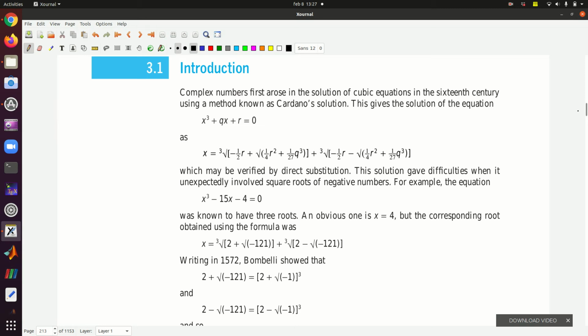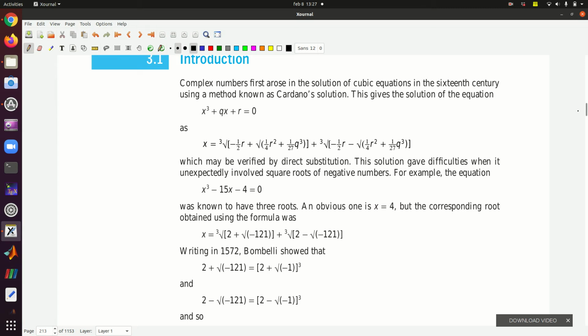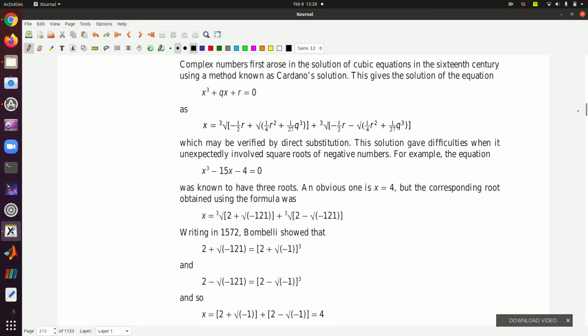They give us a background of complex numbers when people were trying to solve cubic equations in the 16th century.